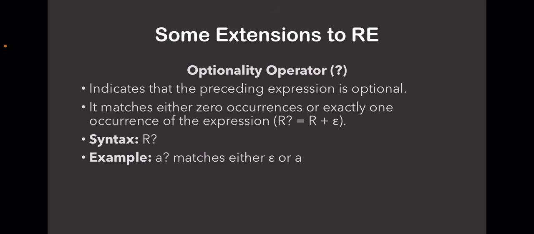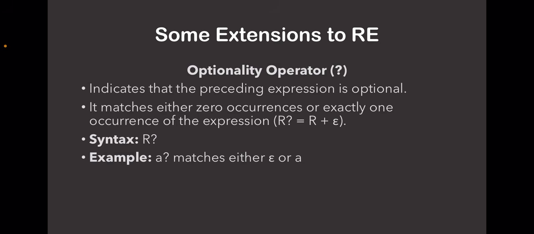We have the optionality operator denoted by the question mark. It indicates that the preceding expression is optional. It matches either 0 occurrences or exactly one occurrence of the expression.